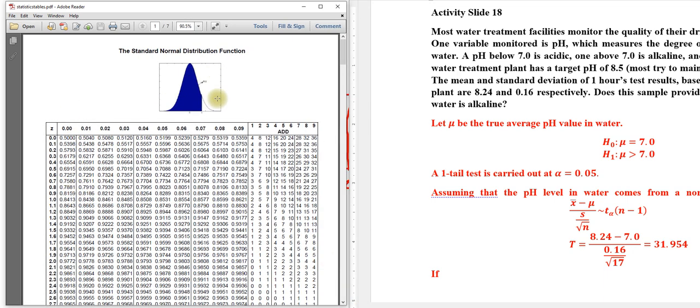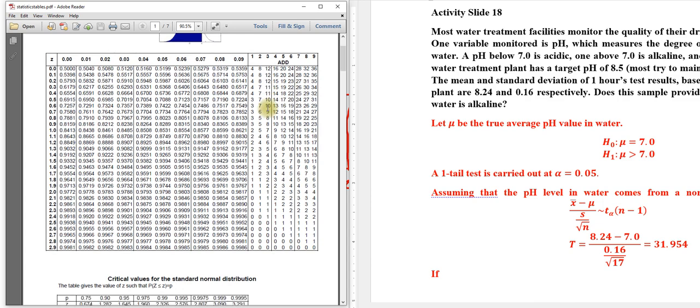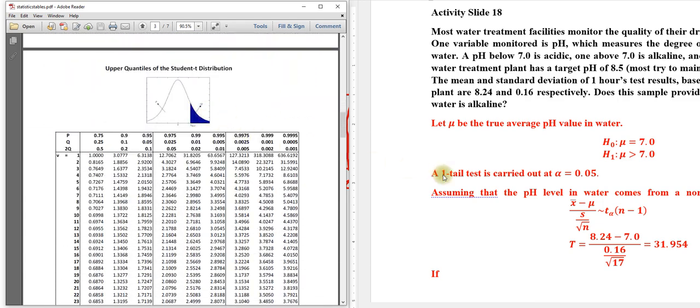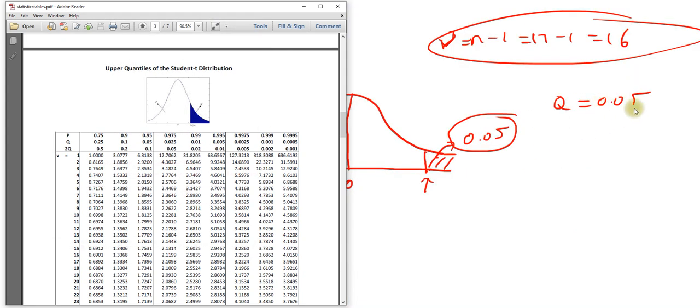From the T distribution, we are going to look at the t-values. Remember the area on the right is Q, 0.05. So we have 0.05 here in that third column, and then we match it with 16 degrees of freedom. So here we go, 16 degrees of freedom is 1.7459 with 0.05 as Q.